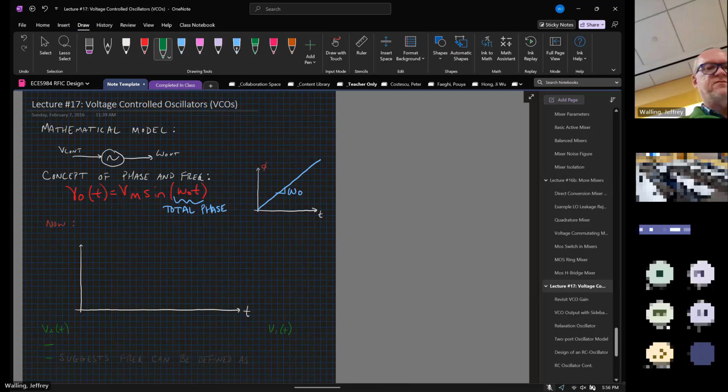One of them has a signal V1 of t equal to Vm times sine of omega 1 of t, and we have a second one, V2, equal to Vm sine of omega 2 of t. And if we were to plot the phase with respect to frequency.